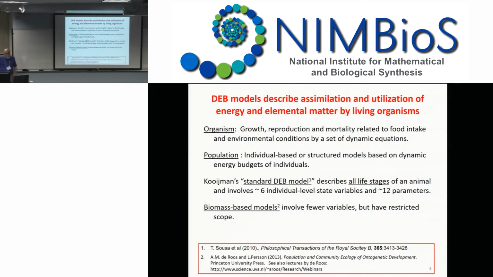And a lot of what I'm talking about has its counterpart in biomass-based models, and I want to just highlight this book, in case anyone hasn't seen it, by Andre de Roos and Lennart Persson. It's a broad survey of population and community dynamics but in models that take specific account of ontogeny.